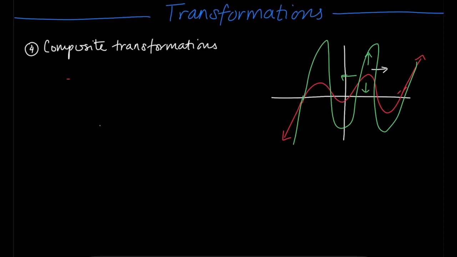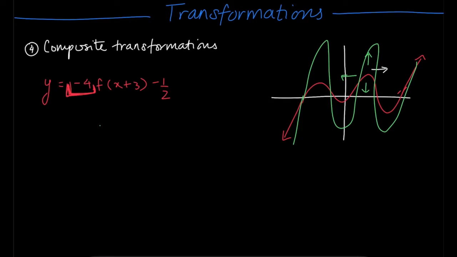I forgot to mention this earlier, but you know to recognize a reflection when you have a negative at the beginning. So if you have a negative 4 f of x plus 3 minus 1/2, this negative indicates that it's going to be a reflection in the x-axis.